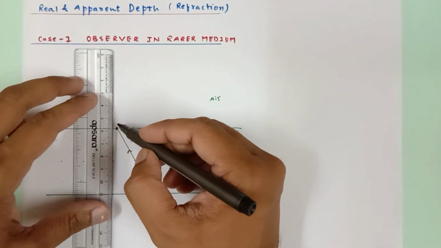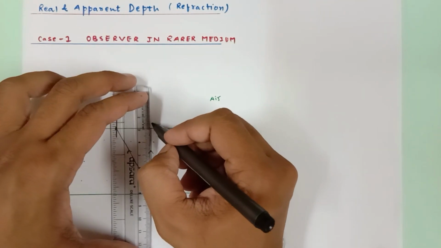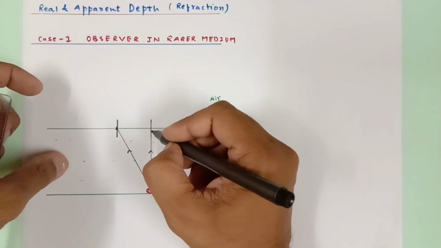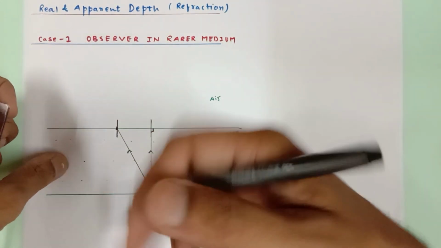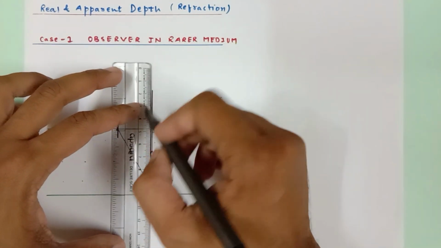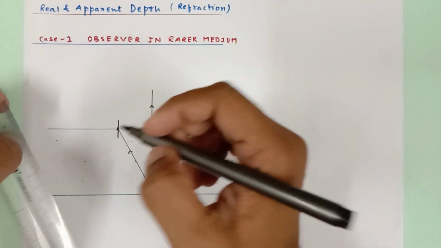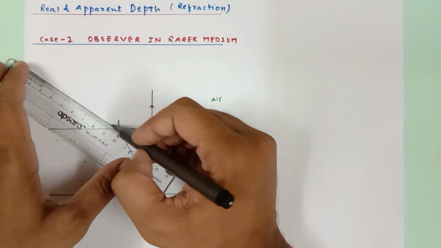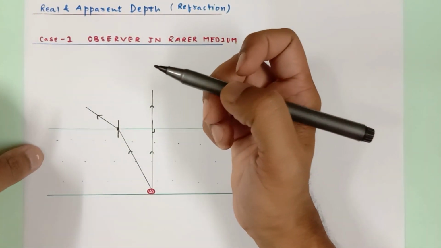So this is the surface, this is the normal, and this ray itself is on the normal. So the angle of incidence is 0, and if a ray strikes the medium at an angle of 90 degrees, it will go straight without any kind of bending. But of course there will be a change in the speed, right? And here we know that the rays are going to bend away from the normal.